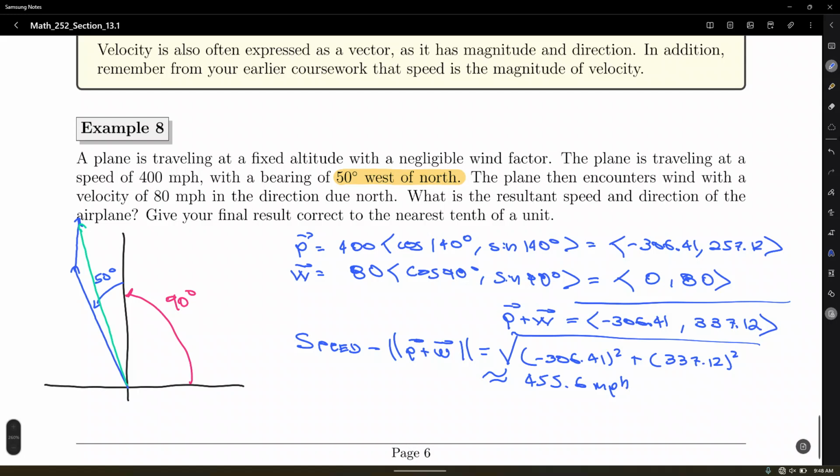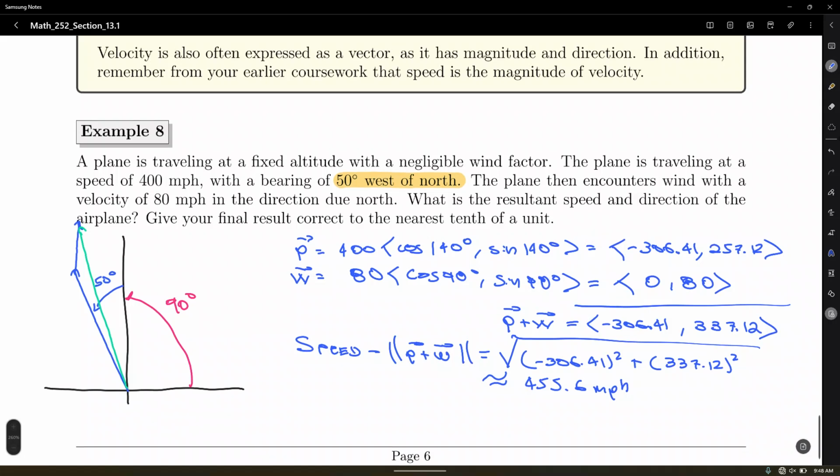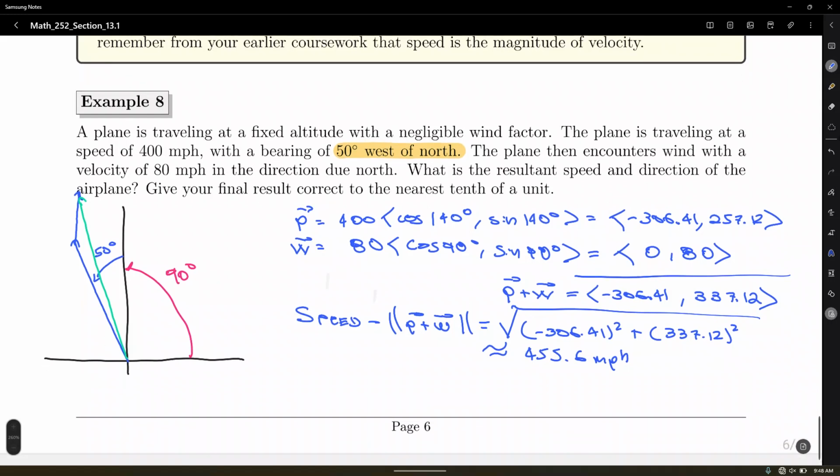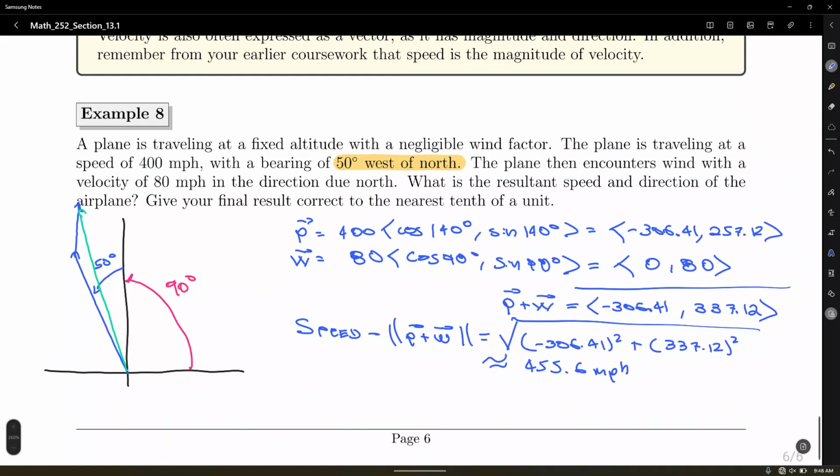All right? So how do we know this makes sense? Well, it's like a tailwind. It's pushing the airplane, making it go faster, and the result actually confirms that, right? Unless the wind went in the opposite direction towards the south, that would push the airplane back, slowing it down, right? You can repeat that exercise by changing this 90 to 270 instead.